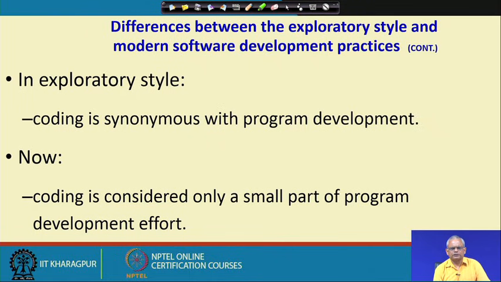You started writing the code as soon as the problem was given. But in modern development practice, coding is actually a small part of the development activities. The major activities are specification, design, then coding, and then testing.